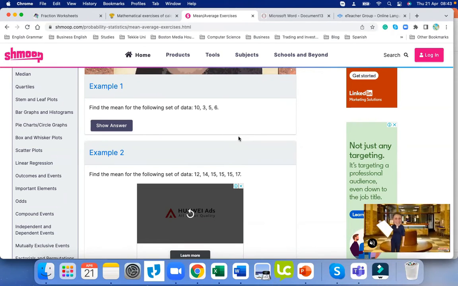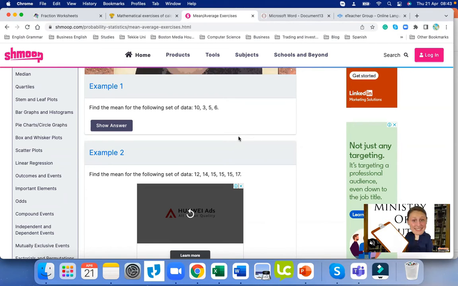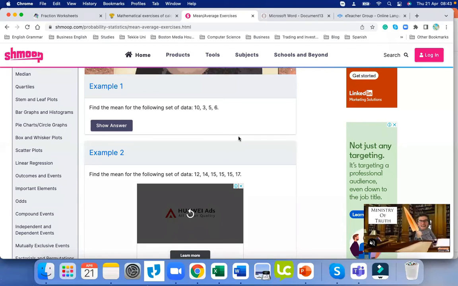So guys, the first one, example 1, we're going to add it all together. 10 plus 3 plus 5 plus 6 gives me 24, and we divide by 4 because there are 4 items in this list, which will give you the answer of 6.